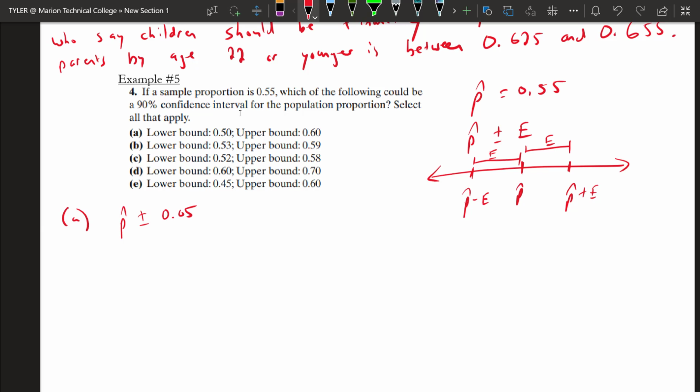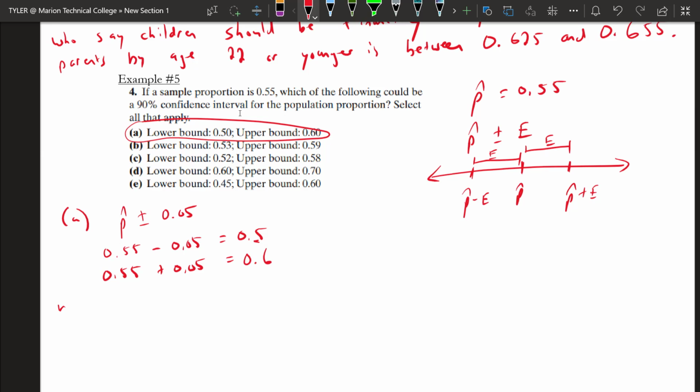Because we would have 0.55 minus 0.05, which equals 0.5, the lower bound. And if I take 0.55 plus 0.05, then I get 0.6, right? So this one checks out. This one's good, right? So I'll circle the ones that apply.